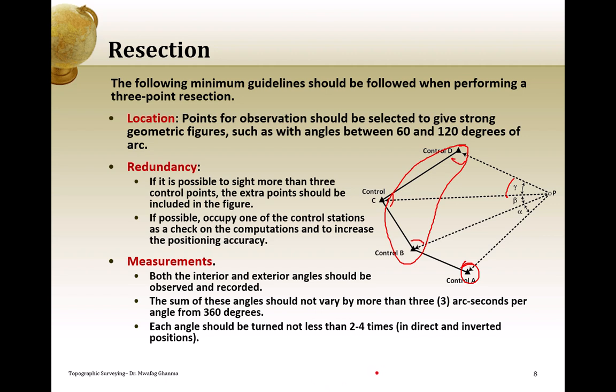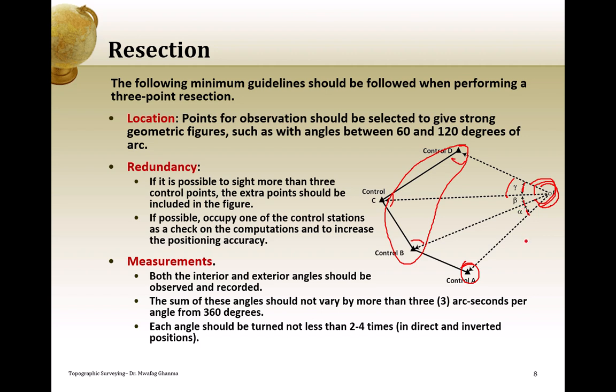Also, the measurements themselves: first we measure these angles, alpha, beta, and gamma, or alpha and beta if we have only 3 points, but also we can measure the exterior angles. So not only the interior, also on the other side, or we can measure, for example, this angle, or this angle. So we can do different combinations of measurements from the interior and the exterior.